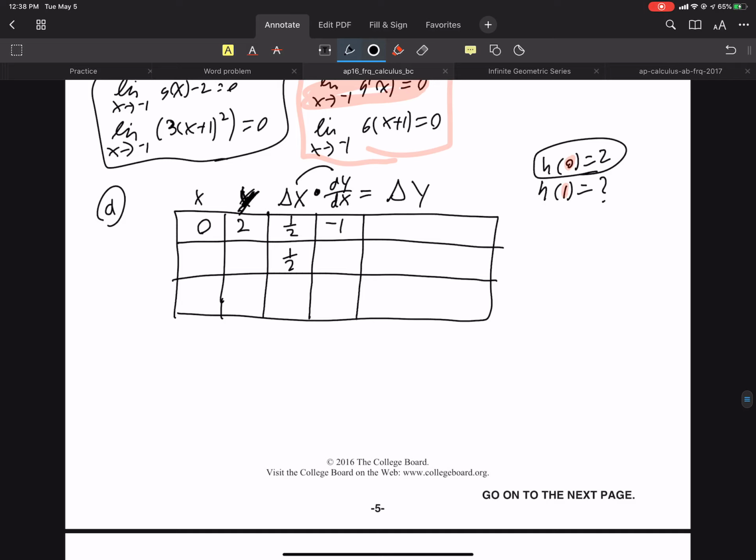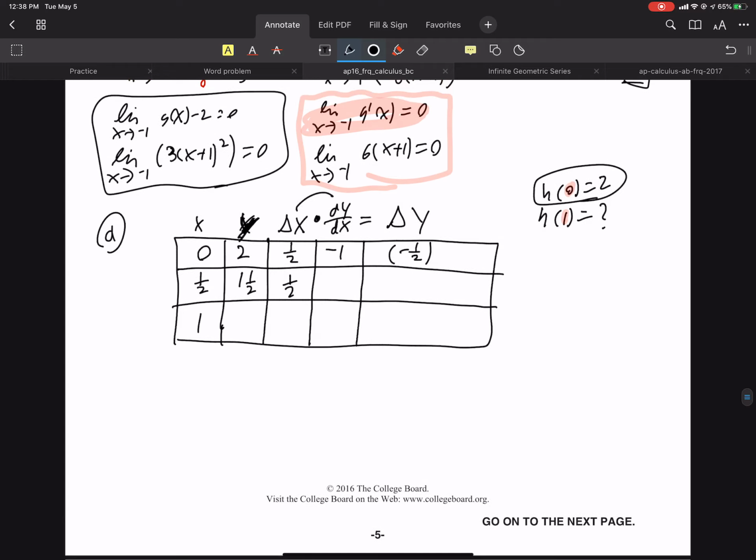And you multiply those, the delta y is -1/2. So our delta x was 1/2, so this will be 1/2, and then we go up 1/2 again, so we'll be at 1. We started at 2. Our y decreased by 1/2, so it's going to be 1.5. So now we have to find dy dx at that point.